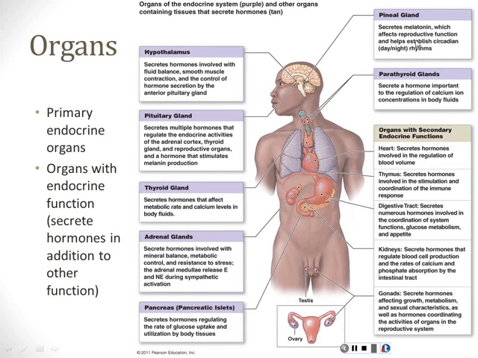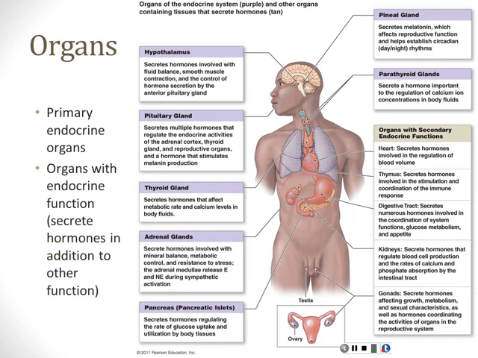All right, so in purple here are the primary endocrine glands. Now, these are organs whose principal job really is to produce chemical messengers. Now, there's a whole other list of organs that have endocrine function, but their primary functions are something else.